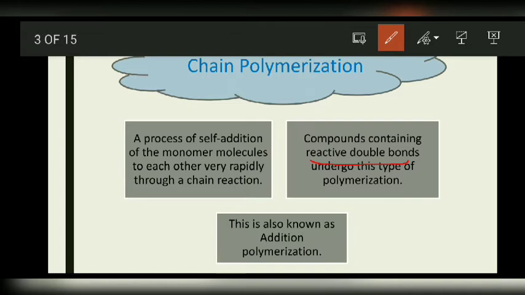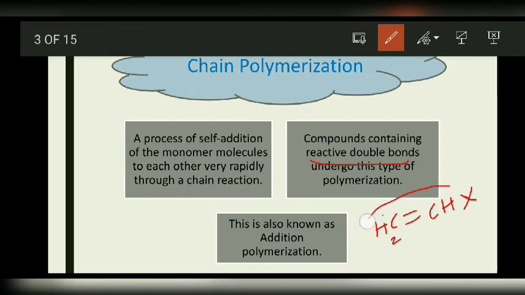Compounds like olefins, which are nothing but alkenes, and vinyl compounds. Vinyl compounds means compounds with the general formula CH2=CH(X).